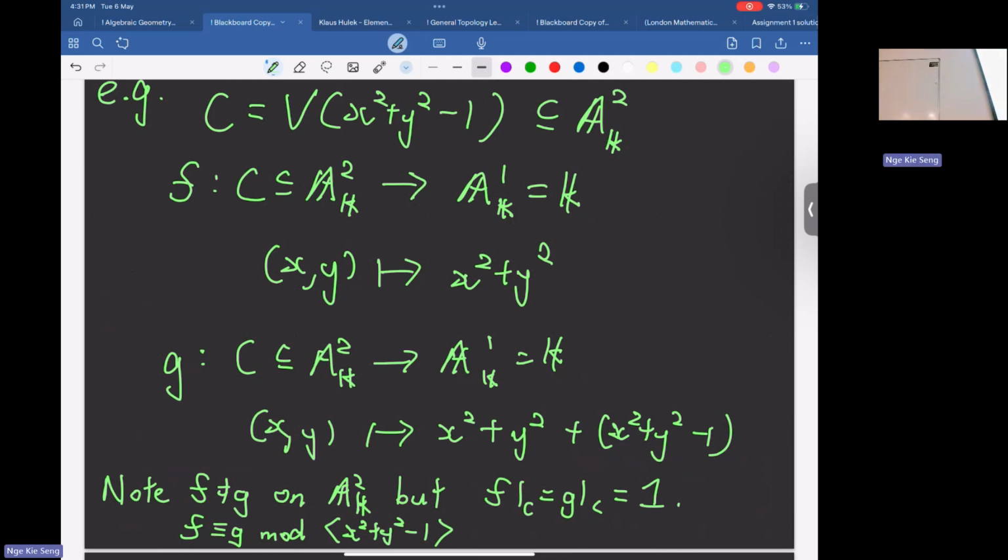So basically, referring to evaluating at C, they are the same number. In this case, it's the same function. So maybe I write f on C on xy equals g on C on xy, which equals 1 on xy, which is equal to 1.